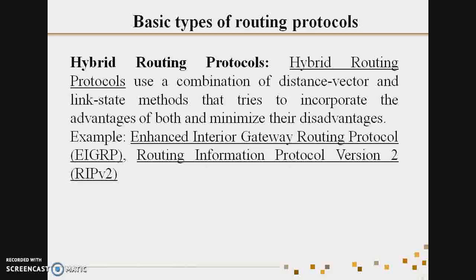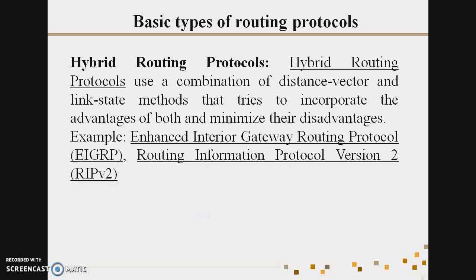Coming to the link state routing protocol, it uses a dynamic approach. Each time the router updates the table, it finds out dynamically how the routing table will be constructed at each router. Examples are OSPF and IS-IS, that is, Open Shortest Path First and Intermediate System to Intermediate System.